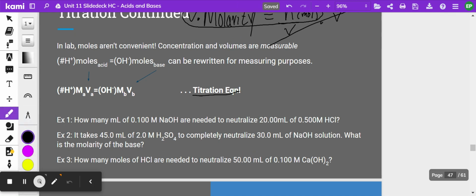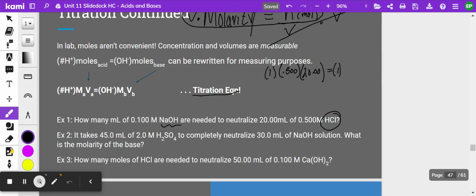On the left side of the equation, we will plug in the number of H plus ions in our acid, which is just 1 H, times the molarity of that acid, 0.500. And the volume of the acid at neutralization was 20.00. On the right side of the equation, the hydroxide ions in the formula is just 1 OH.